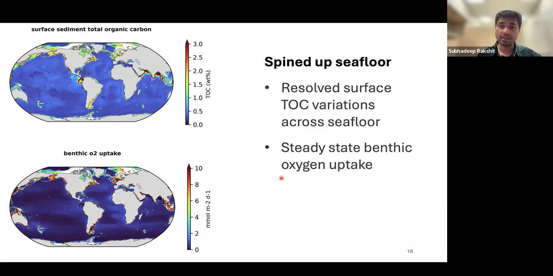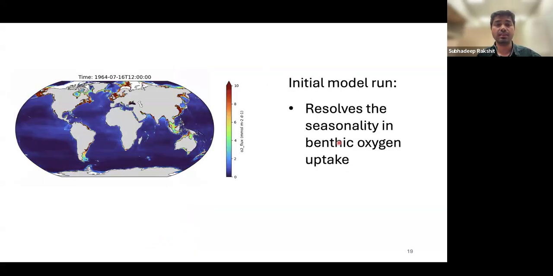And then when we run this model, this is an initial run, you see that when the model is running, it can capture the seasonal variation in the benthic oxygen uptake, and multi-year timescales.